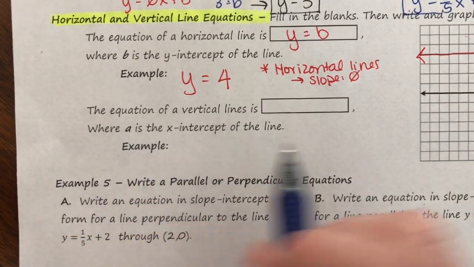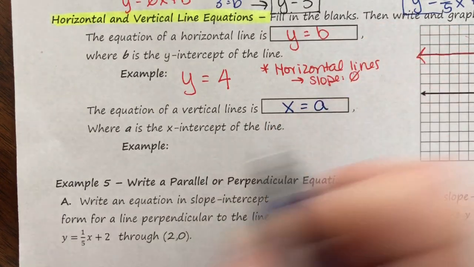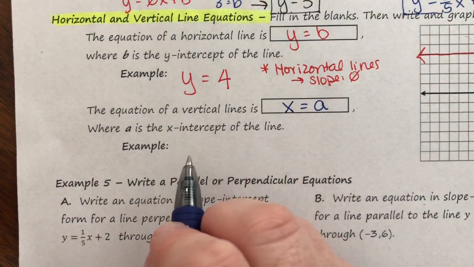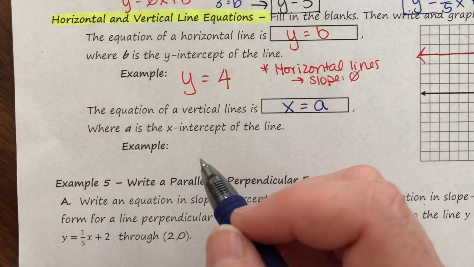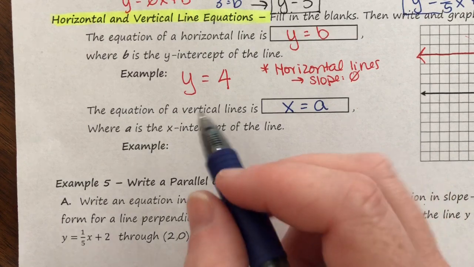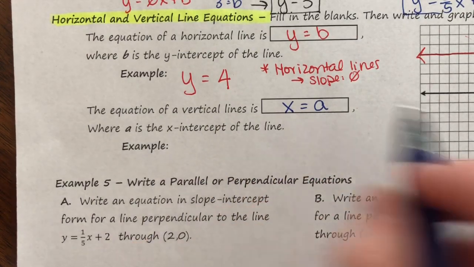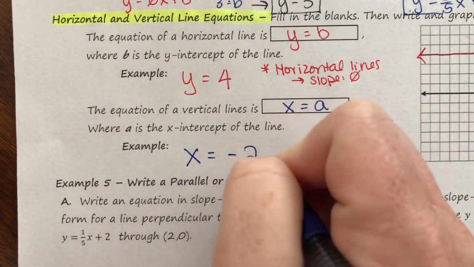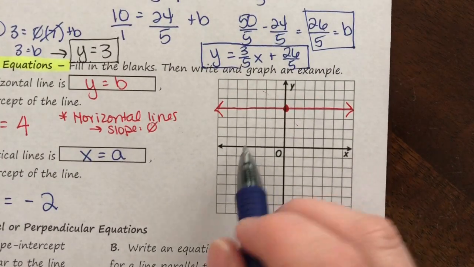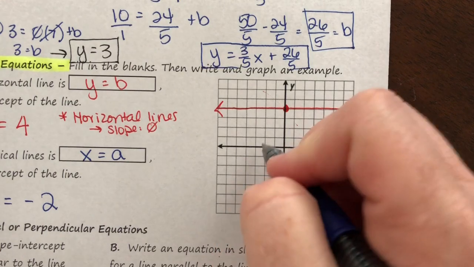So the equation of a vertical line is x equals a, where a is the x-intercept. Now so far we haven't talked about an x-intercept, right? We talked about slope-intercept, which has the y-intercept, but we've never really dealt with the x-intercept yet. So here, if I wrote x equals -2, let's say, when I'm over here on my graph, on the x-axis, I'm going to go over to -2 and put a dot.